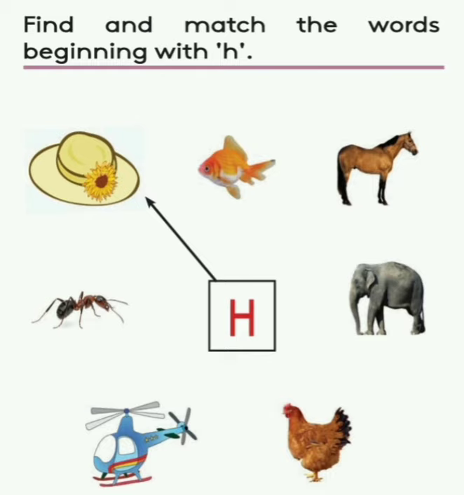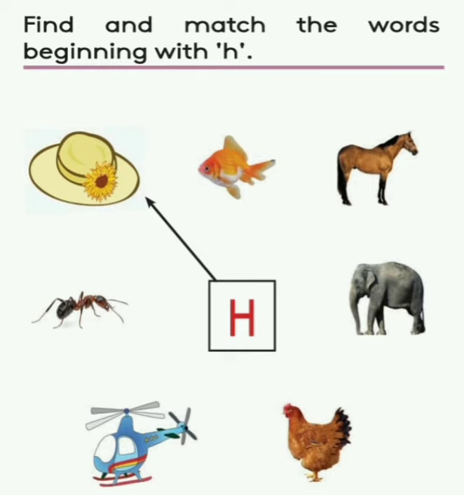I'm going to repeat the reading. You have to listen to me carefully. Then it is easy for you all to identify the words which are starting with letter H. Listen to me carefully. If I am pronouncing with H, her sound, then probably the words are starting with letter H.